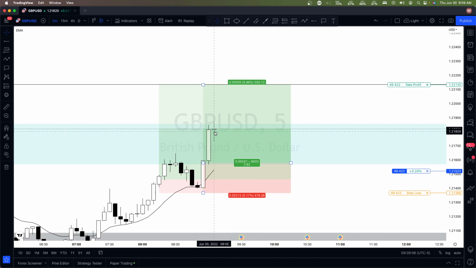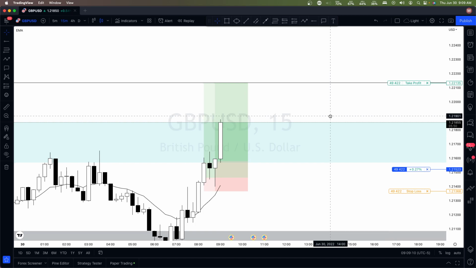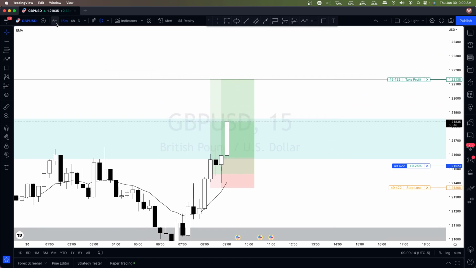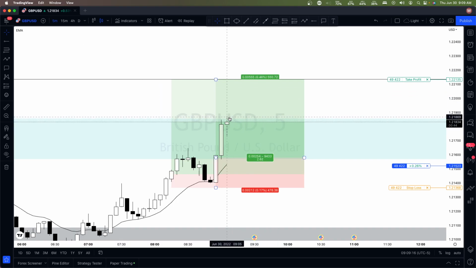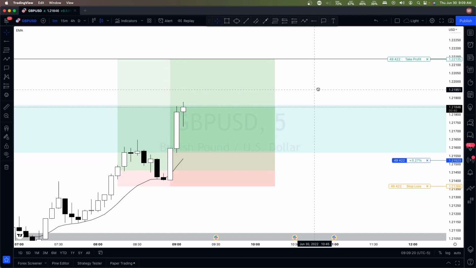1 minute till this candle closes. So 15-minute looks, 5 minutes. Wow, massive. So we did break above the zone here. So let's just keep watching it.